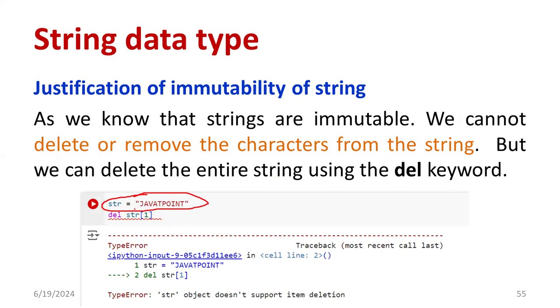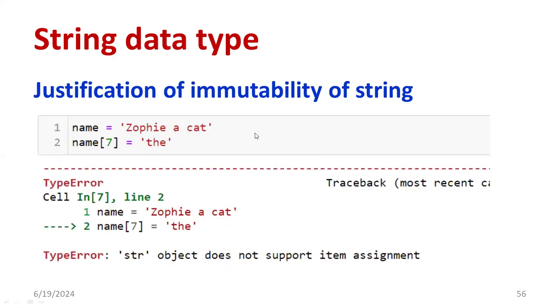But for a particular position, for example str of 1, if I want to delete A, it is never possible. That is why we can say string is highly immutable. Check the traceback report. You can type it in your compiler and verify it. So this is another example. You can check it.